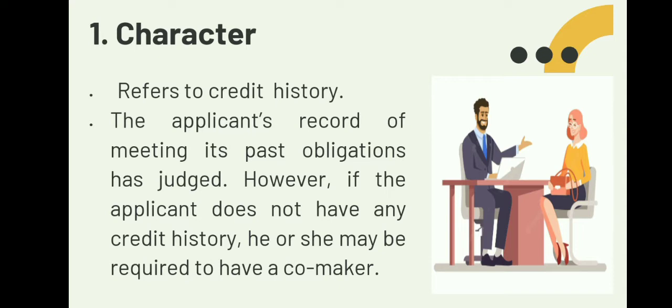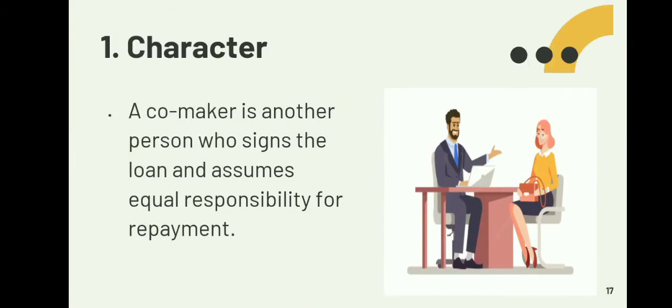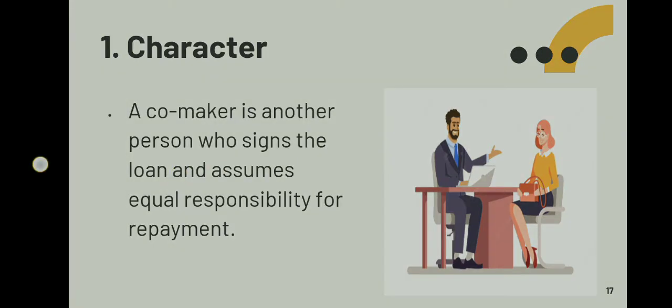However, if the applicant does not have any credit history, he or she may be required to have a co-maker. So what is a co-maker? A co-maker is another person who signs the loan and assumes equal responsibility for repayment.